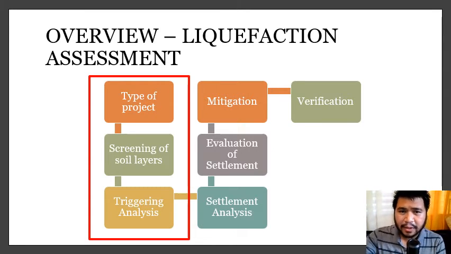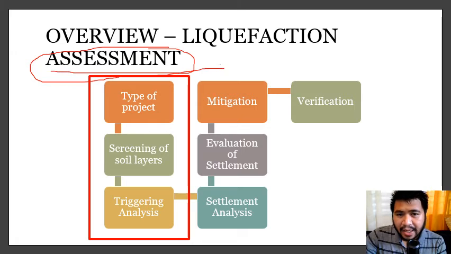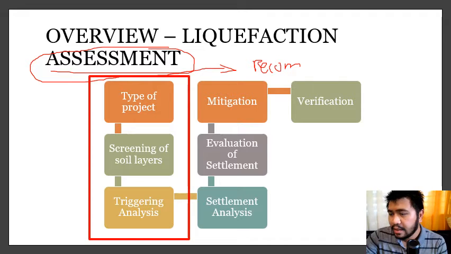This is just part of what we call the assessment. When you're making an assessment, the endpoint is to give a recommendation. So you're going to do some investigation, and then whatever your findings are, you'll get some numbers.